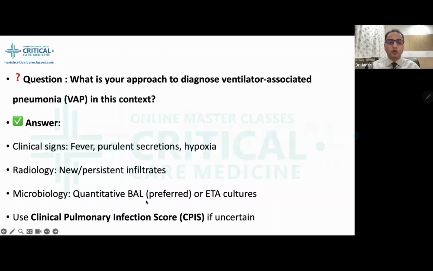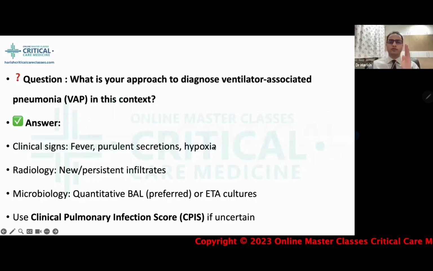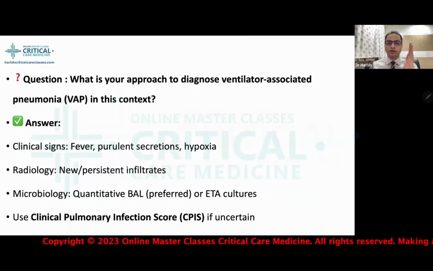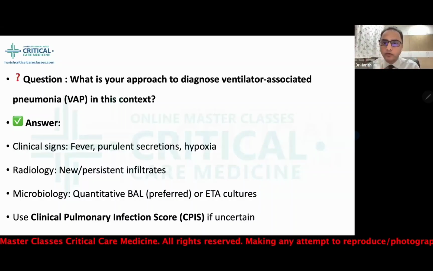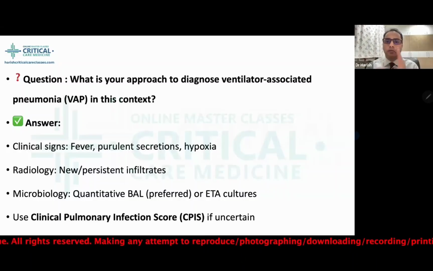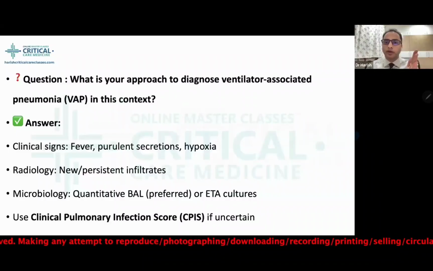We have done either a quantitative BAL, or endotracheal aspirate culture, or you can use the clinical pulmonary infection score if the diagnosis is uncertain. But most of the time we are going to have clinical and X-ray and ventilator requirement. Secretion, culture, all these things we are going to use for the diagnosis of ventilator associated pneumonia. Here your viva may move towards possible, probable VAP, definitive VAP and all, so you should be aware.